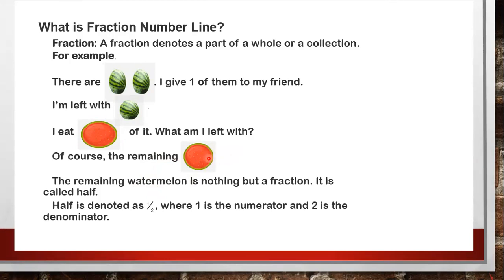It is called half. Because you have 1 watermelon and you divide it into 2 and you eat 1/2. So the remaining watermelon is called half. Half is denoted as 1/2, where 1 is the numerator and 2 is the denominator.